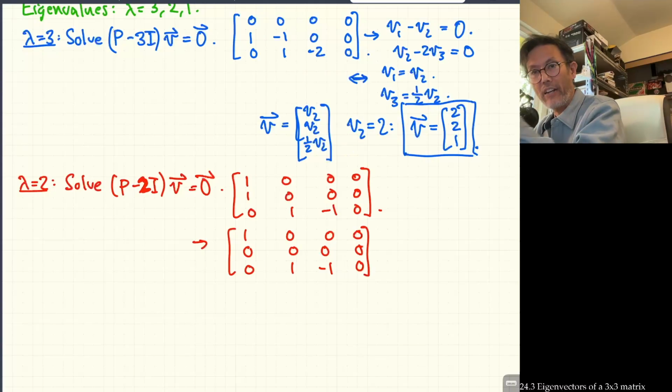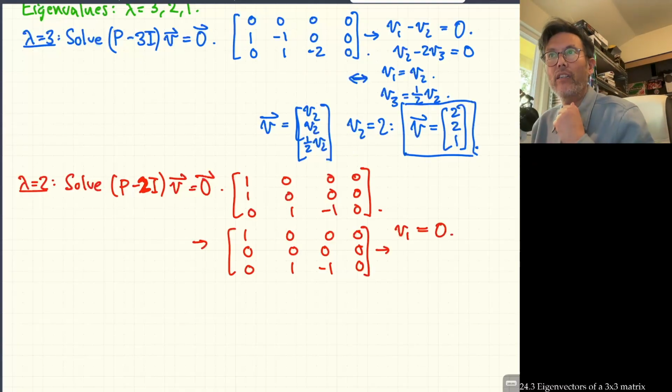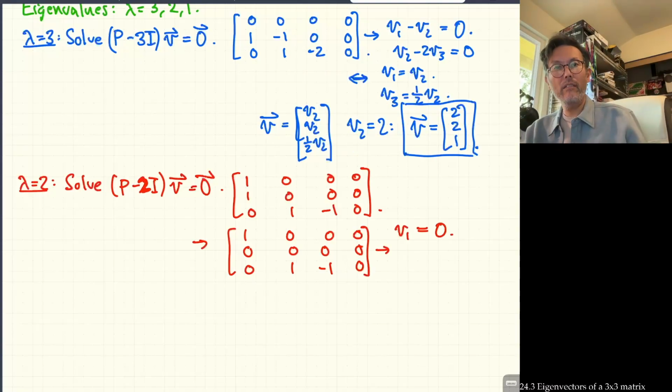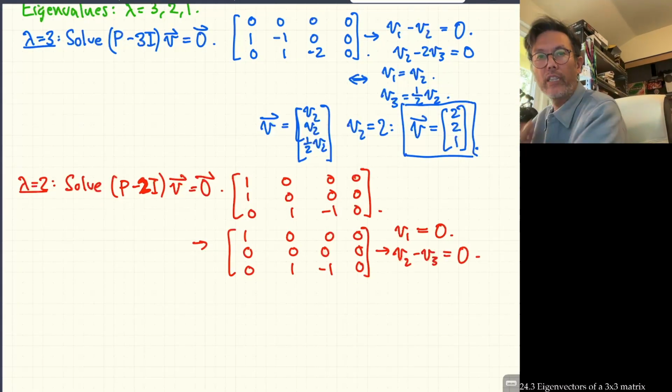Now, thinking kind of in the way that I did before, what does that first row tell me? That first row tells me that V1 must be 0. That's my constraint. V1 has to be 0. What about V2? Well, the second row doesn't tell me anything. It's vacuous. The third row tells me that V2 minus V3 is equal to 0, right?